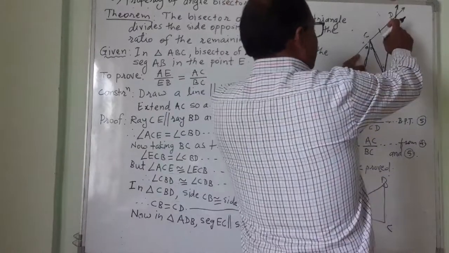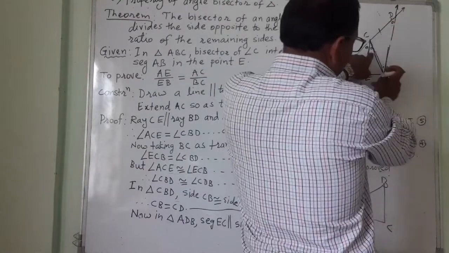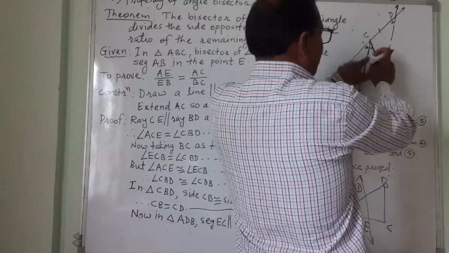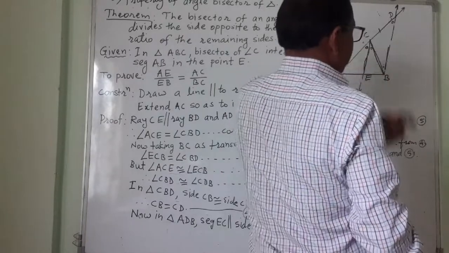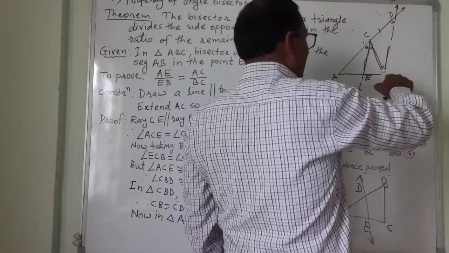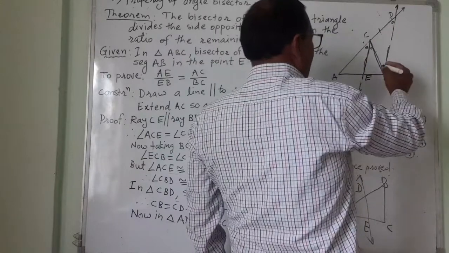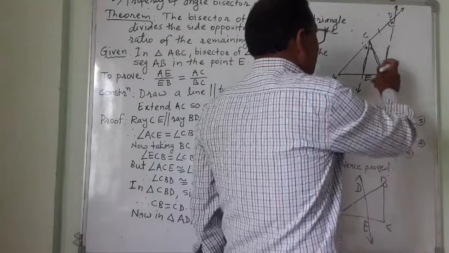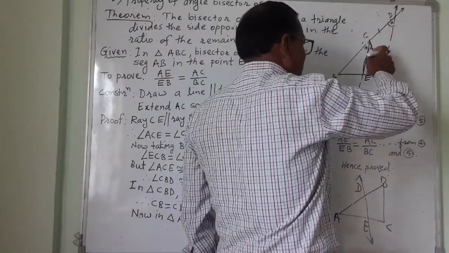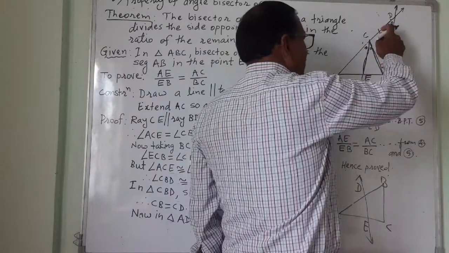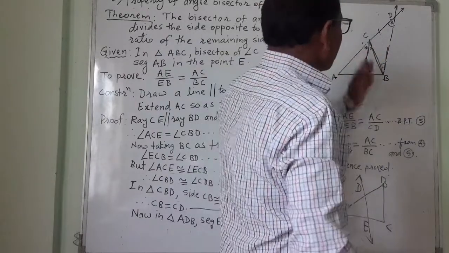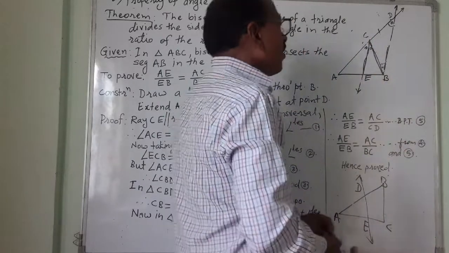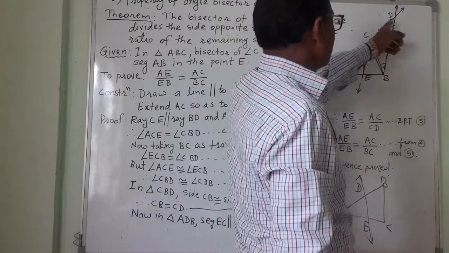This angle and this angle is same. But these two are same. That means these two are also same. In triangle BCD, angle this and angle this, they are equal. If they are equal, the side opposite to them are equal. That means this is the isosceles triangle. You can give that reason also, or you can say the sides opposite to congruent angles.